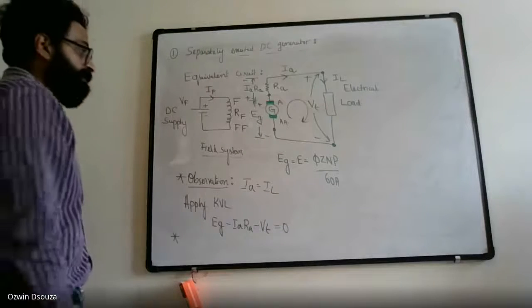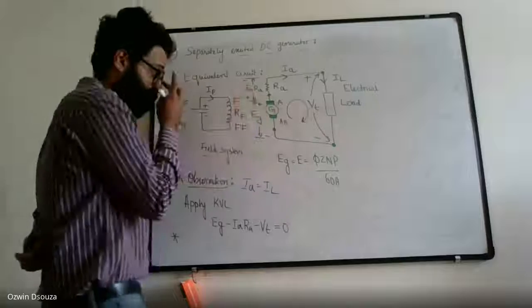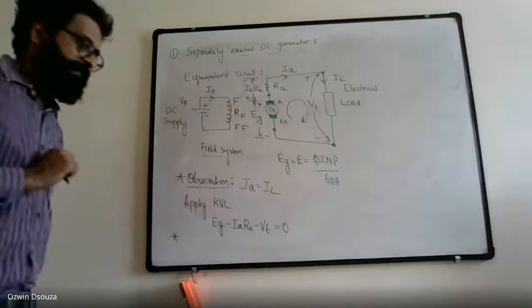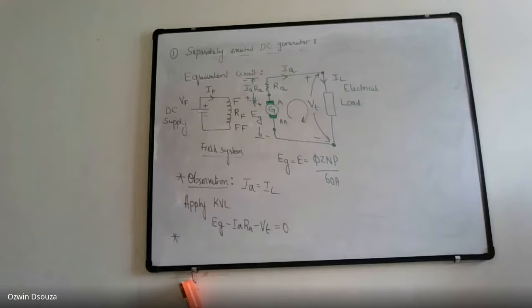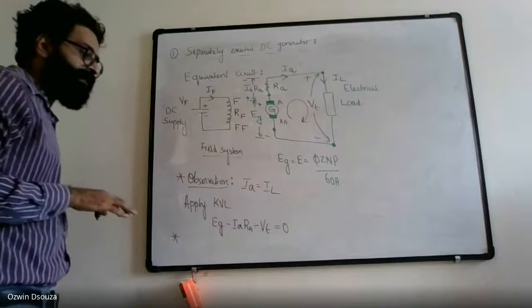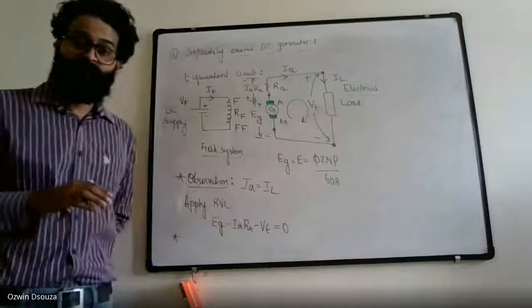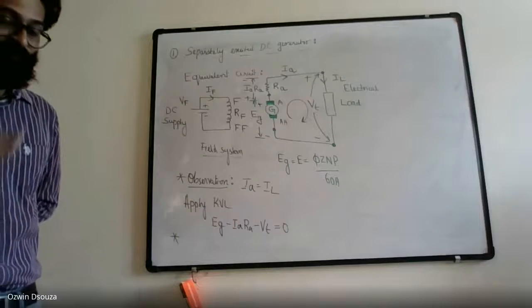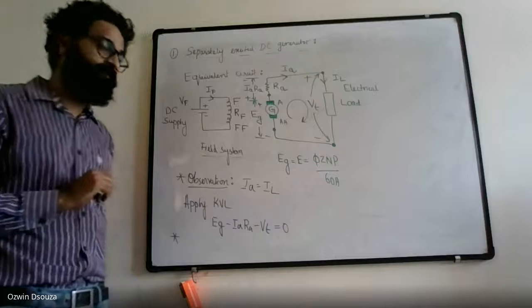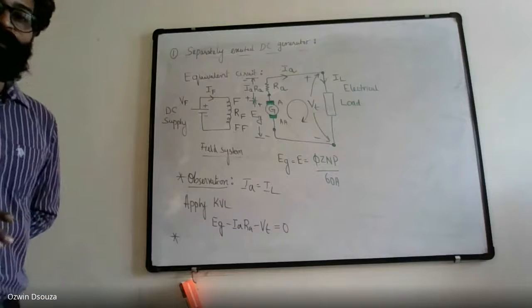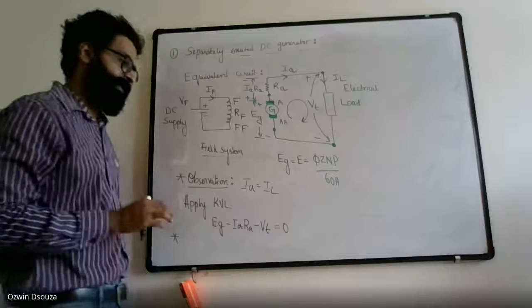Now, the first phenomenon refers to the reaction of the main field with the armature field. Because you have the main field established by the magnetic poles, north and south poles, right? So that is called the main field. And you also have a magnetic field created by the armature conductors.